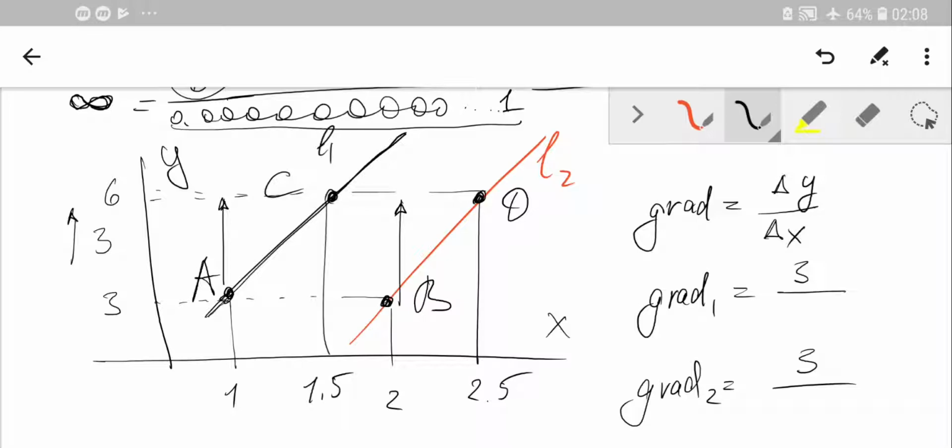If we take the change between A and C, we'll have 0.5 change in x, right? And correspondingly here 0.5. So it looks like the gradient is the same, and it should be the case. Two parallel lines should have equal gradients. 3 over 0.5 becomes 6 and 6, all right?